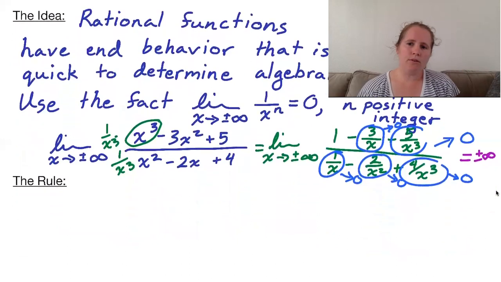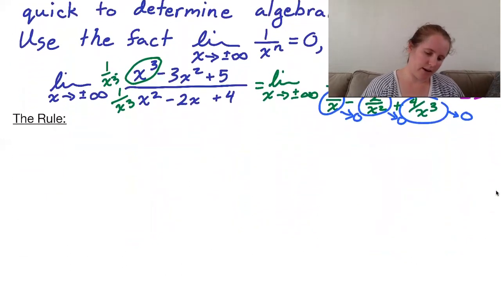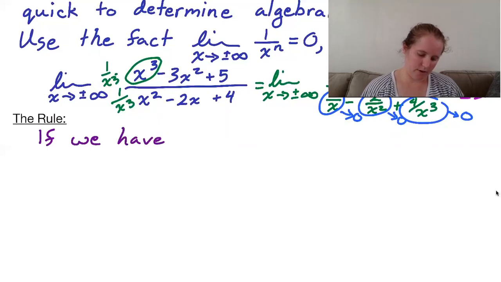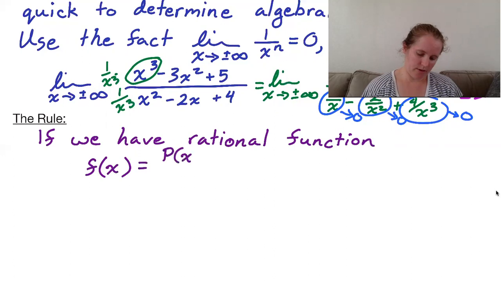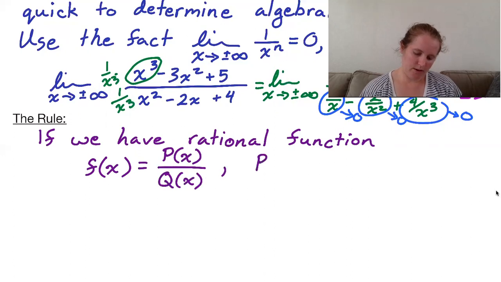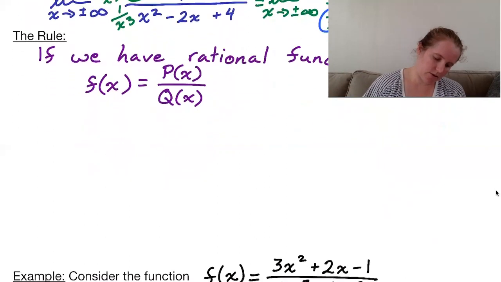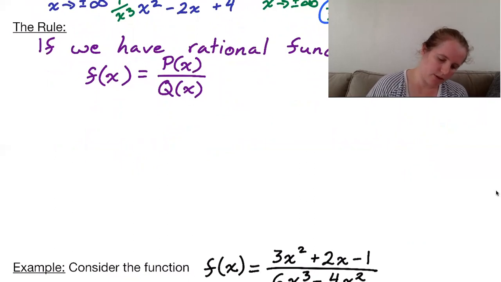The general rule is, if we have a rational function f of x equals p of x over q of x, a reminder: the degree of a polynomial is the highest power of the polynomial.